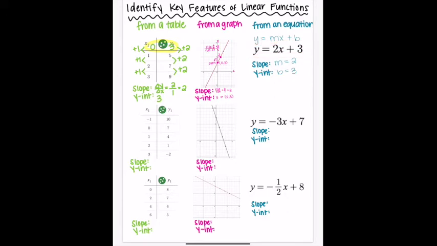And from the graph, so from this line that you were given, you can find the slope and the y-intercept and use that to write an equation. So these three representations, the table, the graph, and the equation, all represent the same linear function of y = 2x + 3.